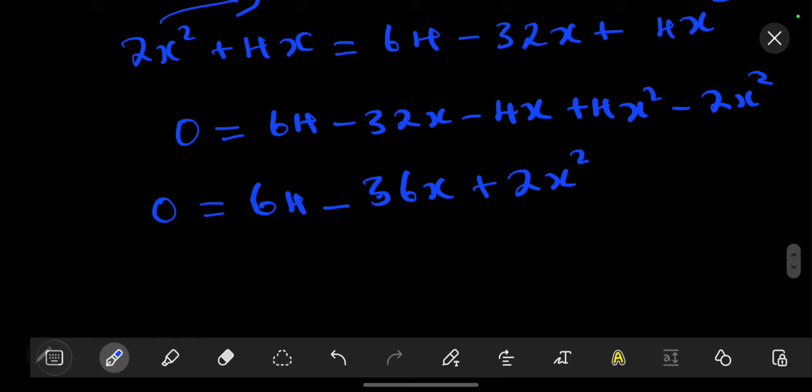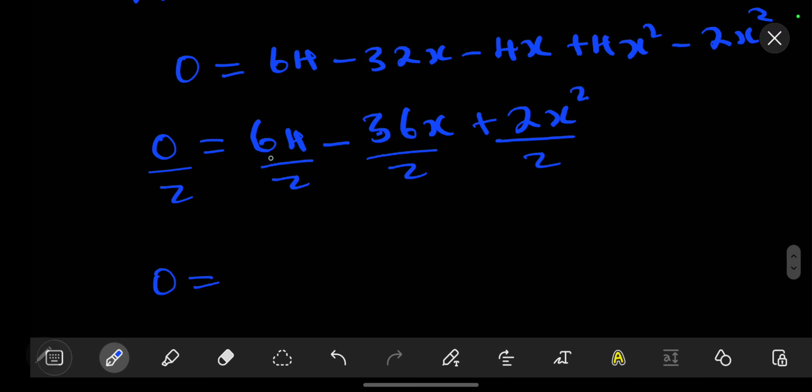So already if we do that, that simply means to say we have done the needful. So we need to now find the values using the factorization method. But if they are common, we can reduce. So we can divide 2 throughout. Then we are going to get 0 should be equal to 64 divided by 2, that's 32. 36 divided by 2, that's 18x.